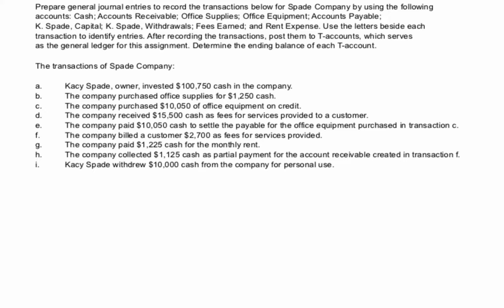The way that we do that is we do journal entries for each individual transaction or event that occurred. As we post these journal entries, the effects of all of these events get captured within the journal and then eventually get posted to the ledger.